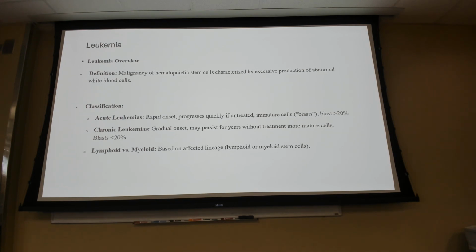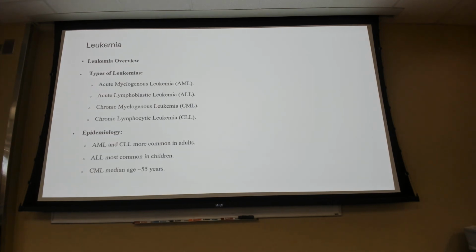Acute: rapid, immature, blast greater than 20. That should sound familiar. Chronic: gradual, persistent, blast less than 20. The second my blast hit greater than 20, I'm now dealing with an acute process. And lymphoid versus myeloid lines. Good to go.